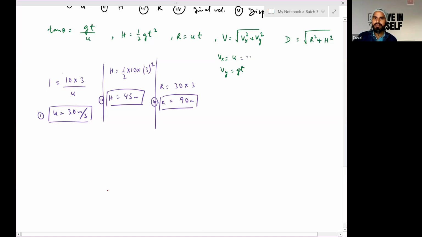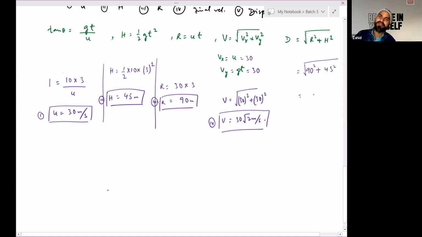As initial velocity is 30, g is 10 and time is 3, the vertical velocity will be 30. So final velocity will be root of 30 square plus 30 square. So it will be 30 root 2 meter per second. And similarly, if you put the values of r and height in this last part, it will be root under 90 square plus 45 square. Take 45 square as common.